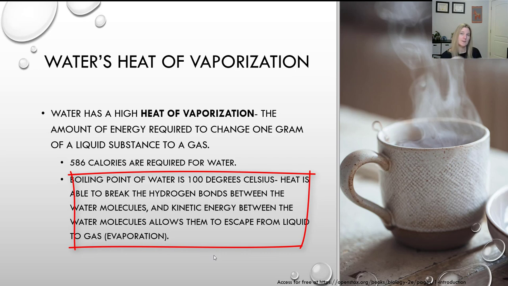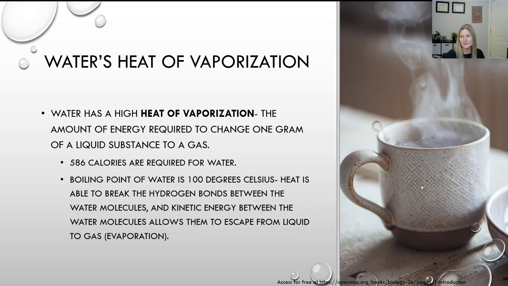And when those hydrogen bonds are broken, the kinetic energy allows the water molecules to escape from a liquid to a gas, or evaporation. Okay, so you can tell here in this case, the liquid in this cup must be at a point where the hydrogen bonds are breaking between the water molecules and allowing individual water molecules to escape as vapor.